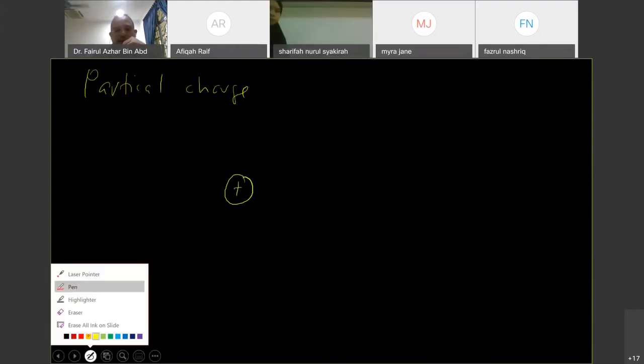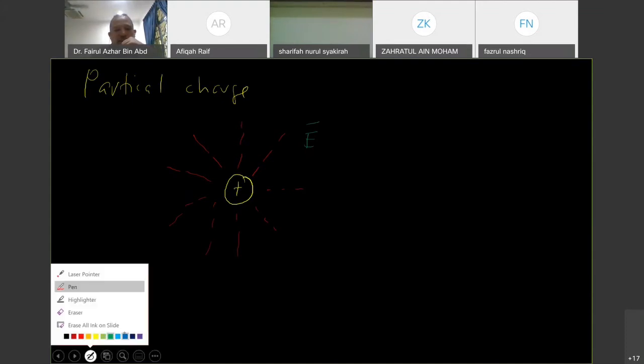If we have a positive charge, we will have some field induced around it. So we will have E here, and we can derive the expression for this field at any position.